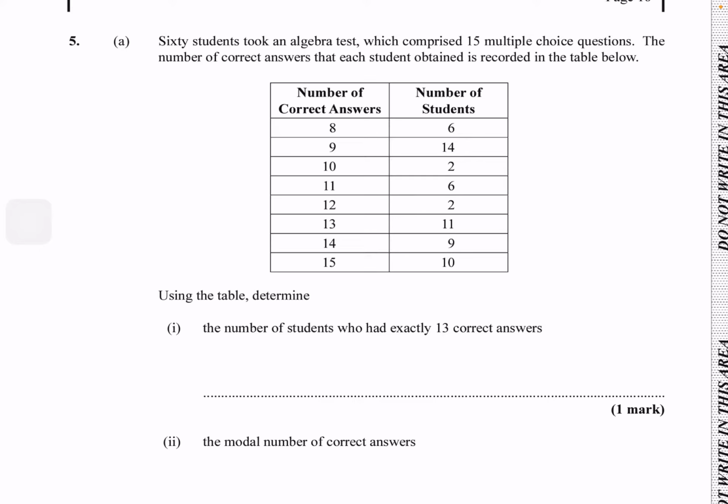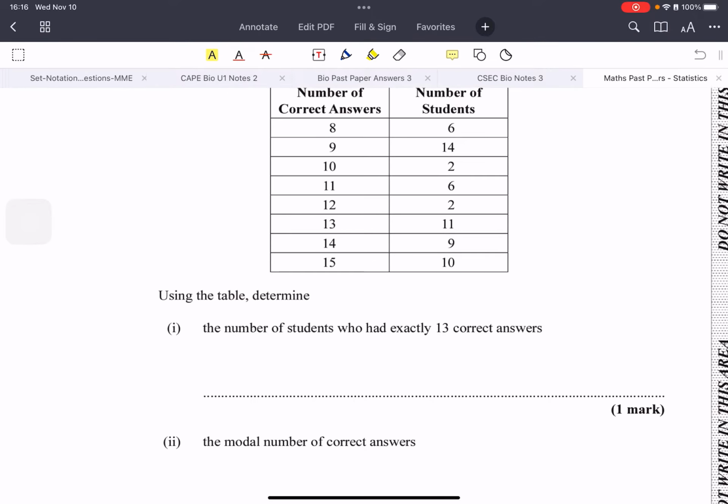This is as simple as watching a table, finding where the number 13 is, and looking across to see how many got 13 answers correct, and that would be 11 students. Okay, I'm writing 11 students here.